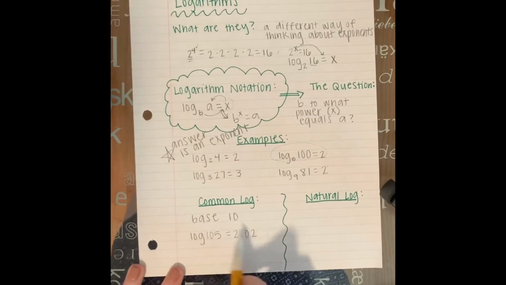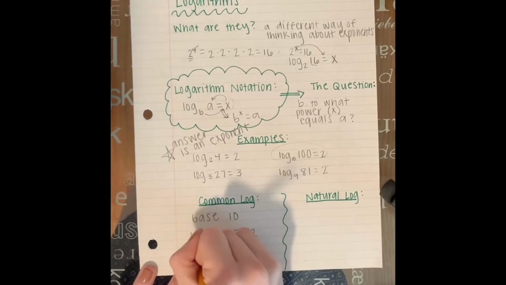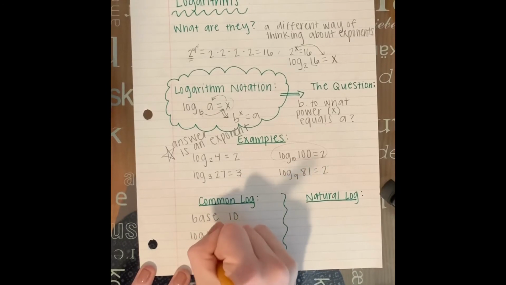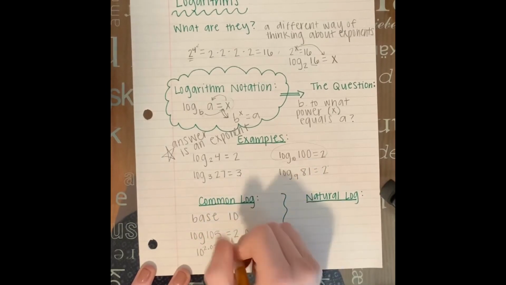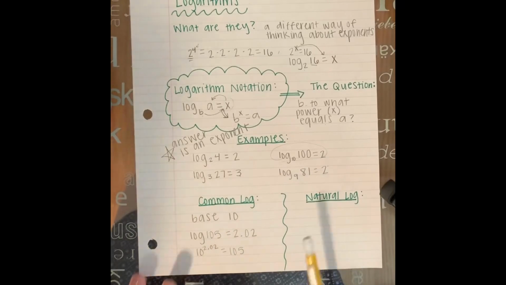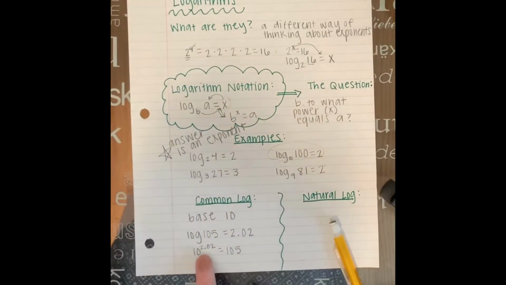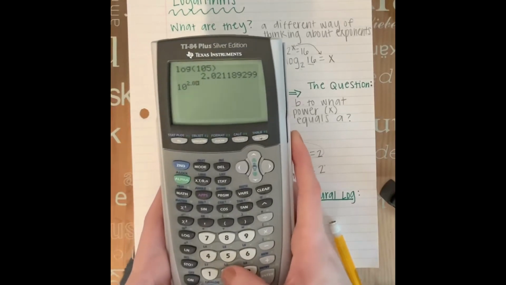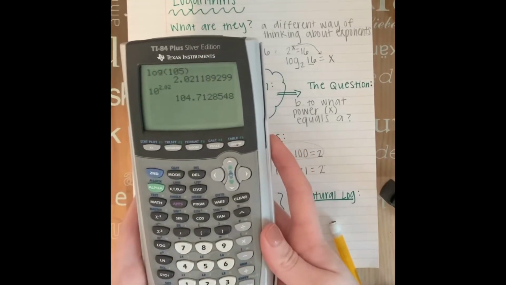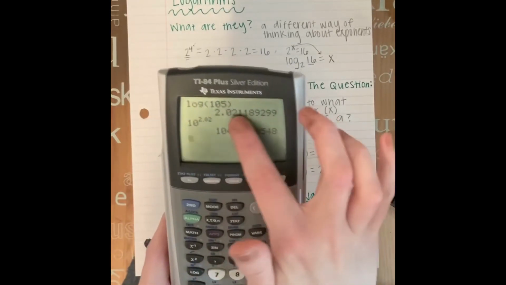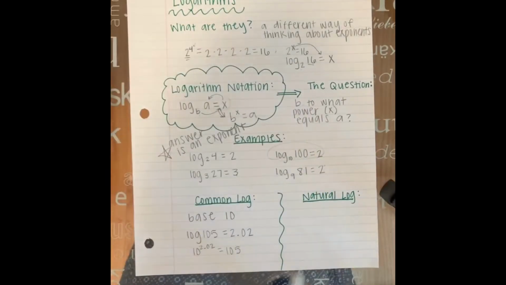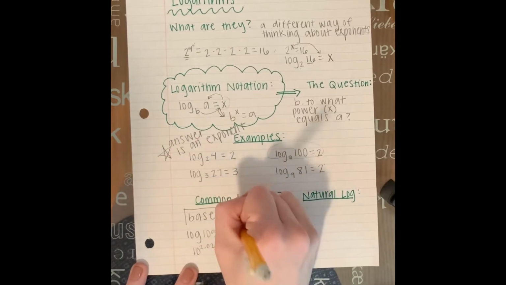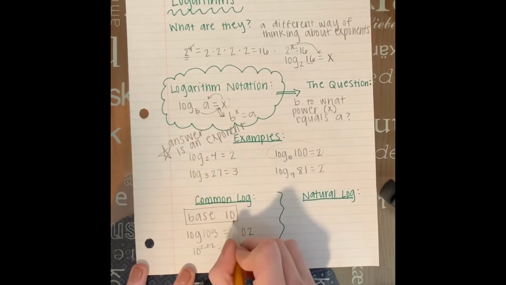What this means if I write it as an exponent is 10, that's my base, to the 2.02 power equals 105. Well, let's see if that's right. 10 to the 2.02 power equals really close to 105. We rounded, so that's close enough. So the common log is a log with base 10, and it's on your calculator.